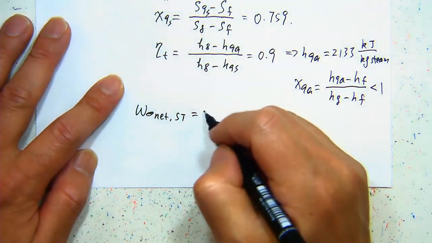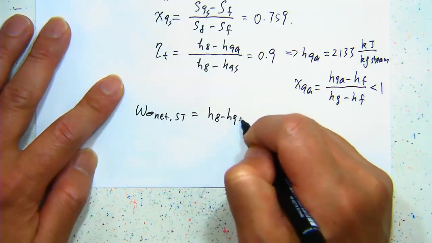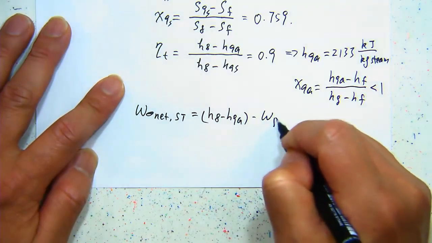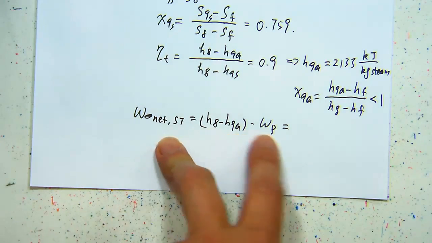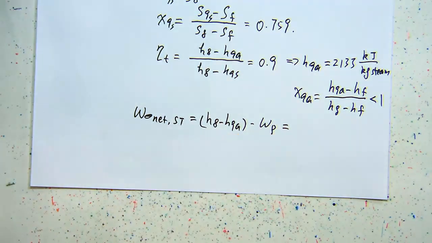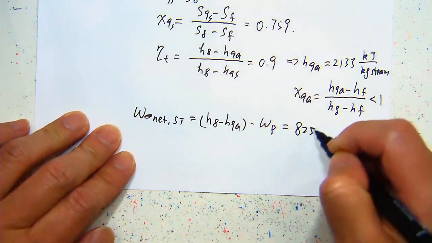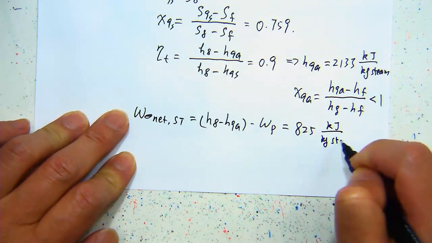So that will be H8 minus H9 actual, the turbine work, minus the pumping work. So we figured everything there. I just give you the total number. That's 825 kilojoule per kilogram steam.